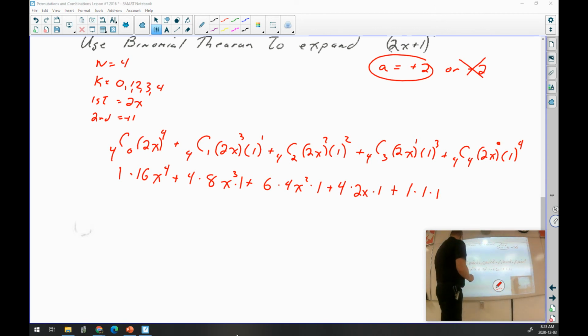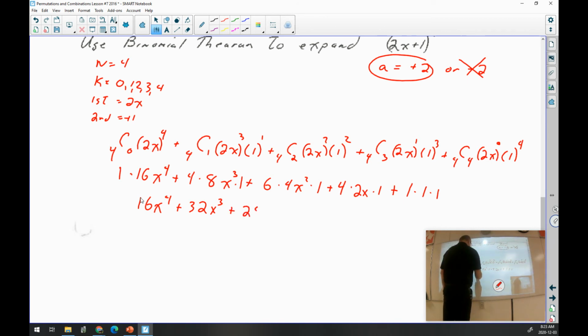So generally what we have is 16x to the 4th plus 32x cubed plus 24x squared plus 8x plus 1.